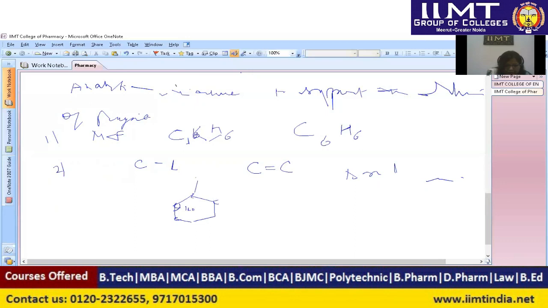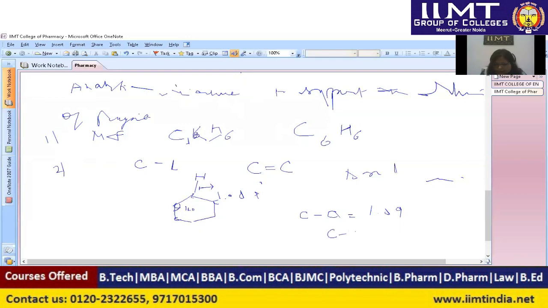Now the carbon and hydrogen bond length is 1.08 Angstroms, and carbon and carbon has a bond length of 1.39.